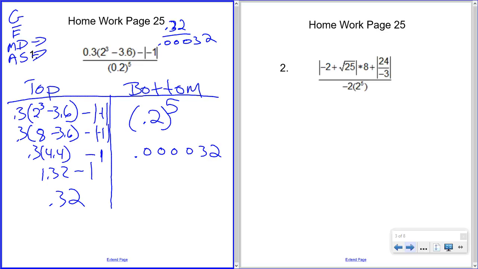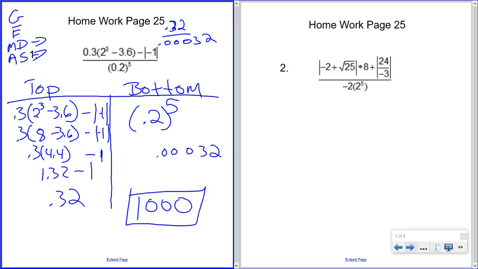Down here, I made a mistake and put too many zeros, so I'm just going to erase that and put the right amount of zeros in. Now, what is 0.32 divided by 0.00032? That's 1,000. So your answer for this is simply 1,000.